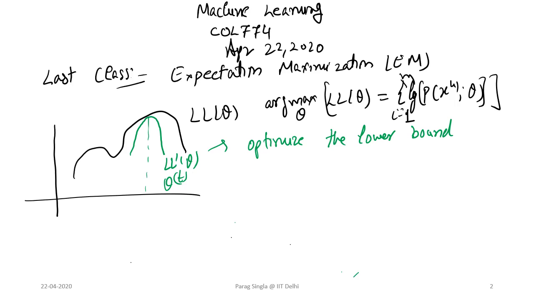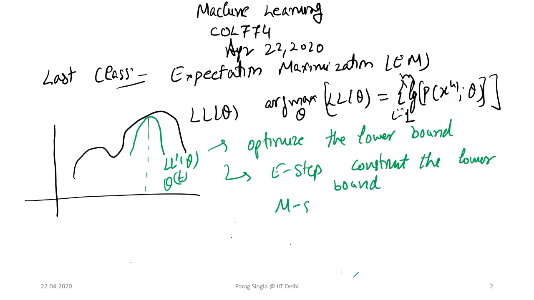This gave us two steps: the E step, which was to construct the lower bound, and the M step, which was to optimize the lower bound.